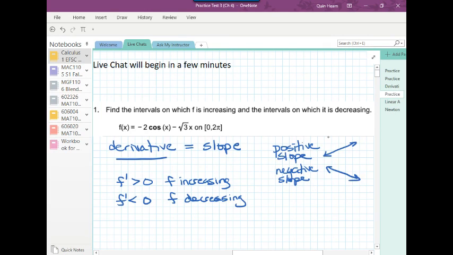So determining where a function has intervals that are increasing or decreasing is the same as solving an inequality, basically, where the derivative is greater than or less than 0. So let's take a look at our function here.